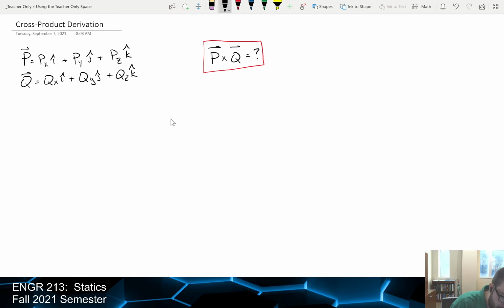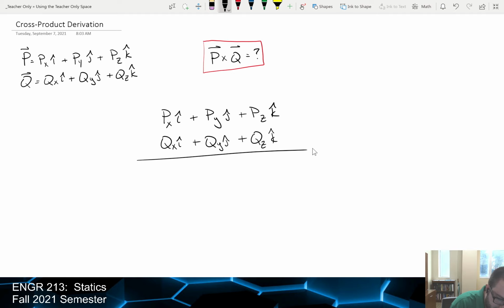So what we're going to do is say px i plus py j plus pz k multiplied by qx i plus qy j plus qz k. And so what we'll do is multiply these and see what you get.